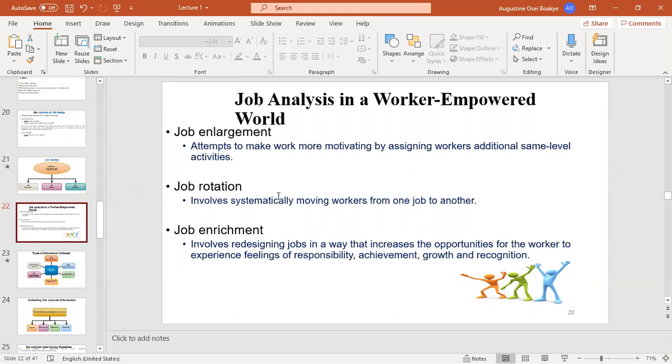in the organization. Another reason why we use job rotation is also that, for instance, you have employed a candidate into your organization and you are not so certain where their skill sets will actually match or fit.